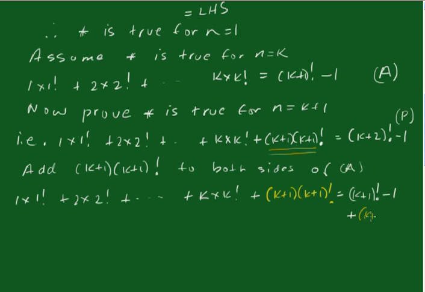All I've done is added that bit to both sides of the assumption statement. So the left-hand sides match up, so if we can show that the right-hand sides match up, then we've proved the result.